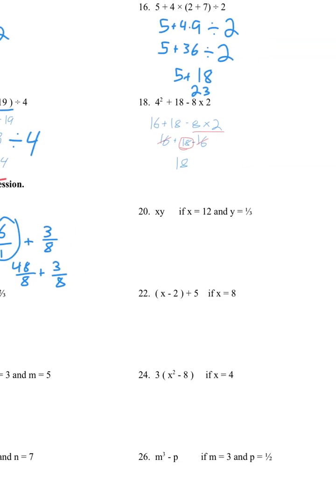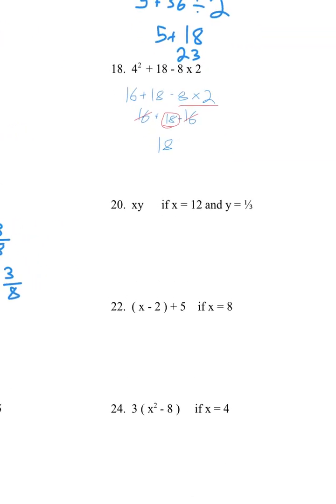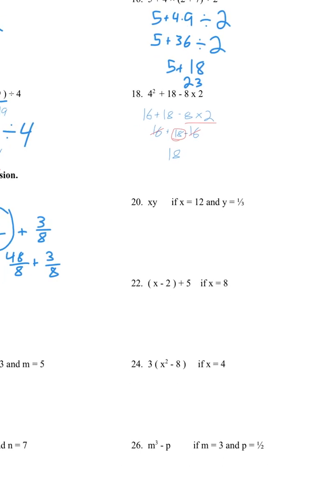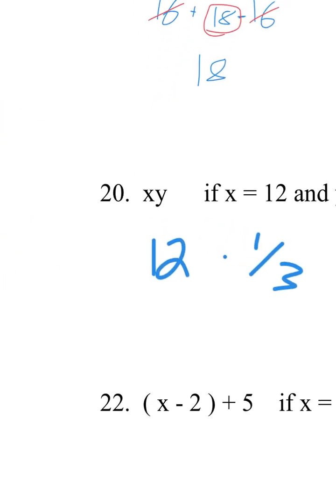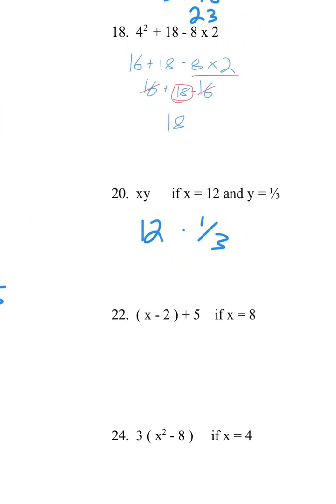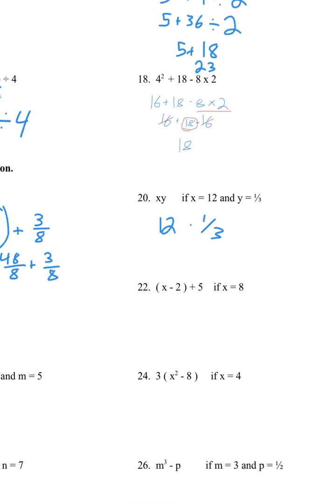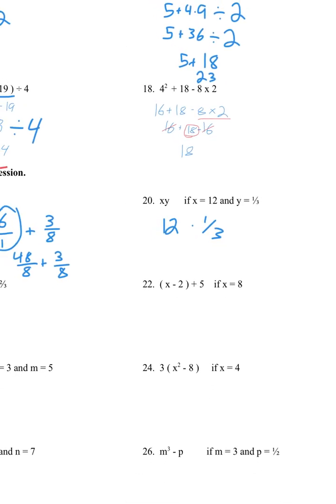Looking at number 20 then, x equals 12 and y equals 1/3. So we're going to multiply those. When the two letters are right next to each other like that, that means multiply. So 12 times 1/3, we cannot just put them next to each other and call it 12 and 1/3 because it's multiplying.